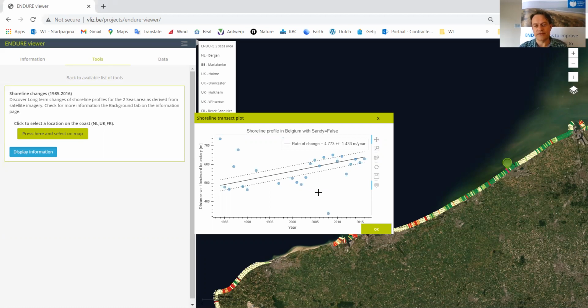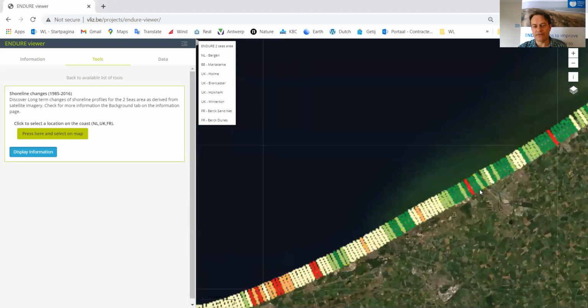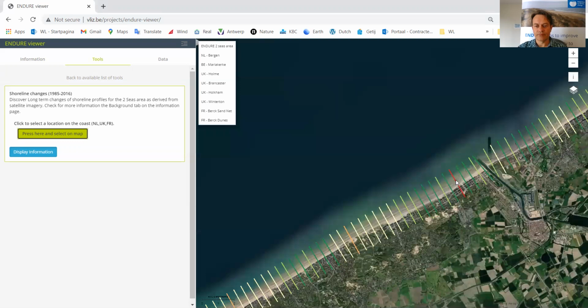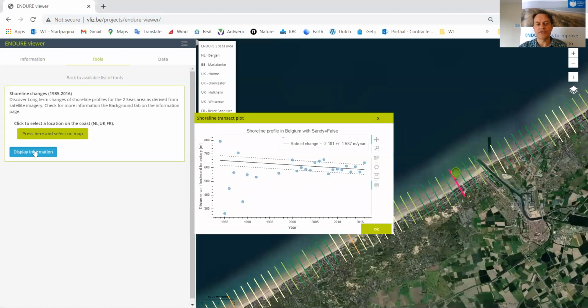The trend is positive, is gaining sand, but it's not always the case. For instance, we have also this red profiles where the coast is losing some sand.